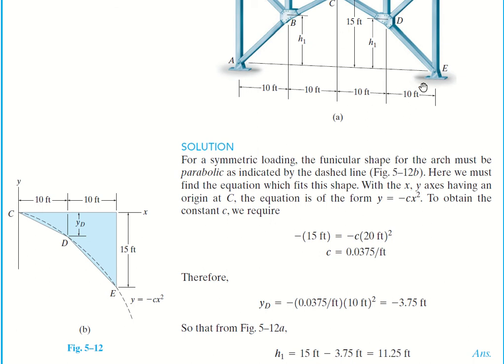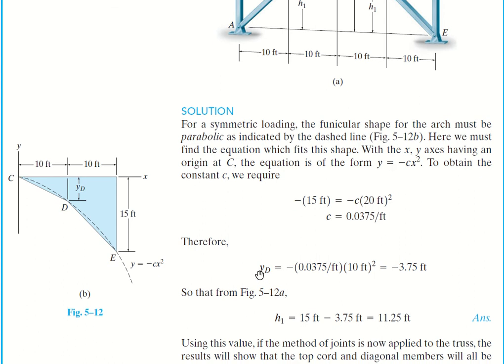So from C to E, the horizontal distance is 20 feet, and the vertical distance of point C is 15. So putting the values, you will get the value of constant C, which is equal to 0.0375 per feet.